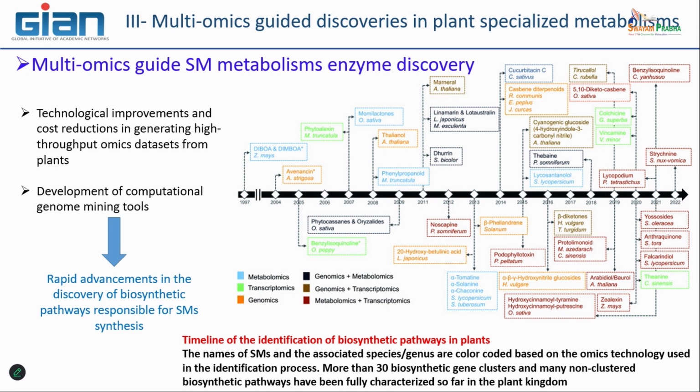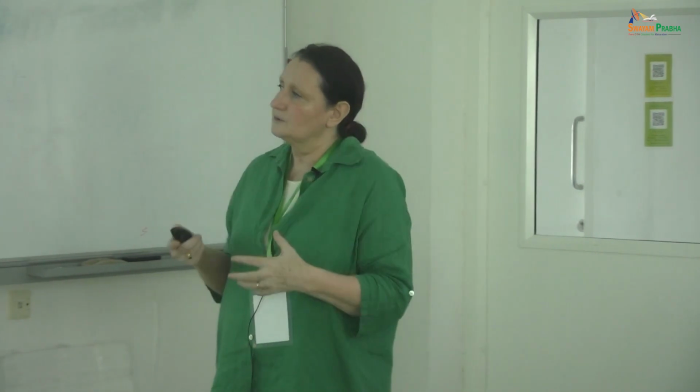But what we observe here is that in the last years, the more efficient strategy used to discover specific new genes combines metabolomics with transcriptomics. So it means that now we can have an integrated study of these omic data, and this could be faster to identify, in this case, not only one, but sometimes several genes that are involved in a specific metabolic pathway.